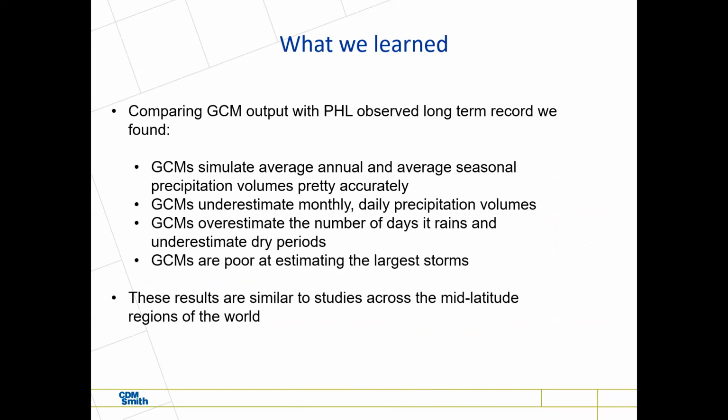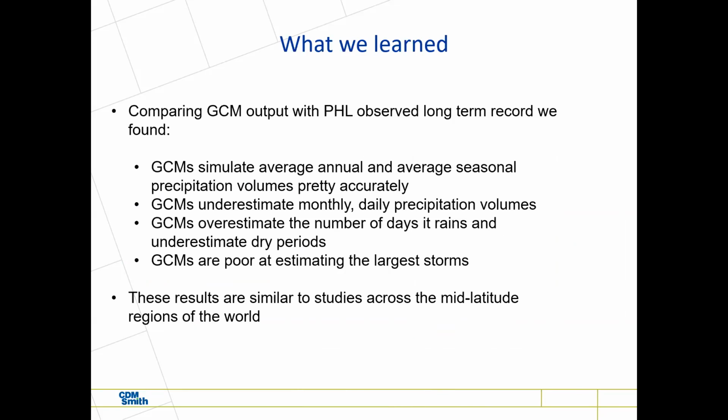So what have we learned from this first analysis? We can't compare GCM output to any gauge in the Northeast or the Mid-Atlantic range, and this is actually fairly common for all of the mid-latitudes, Europe included. The GCMs do a very good job of annual average and even average seasonal precipitation volumes, and they're pretty accurate.